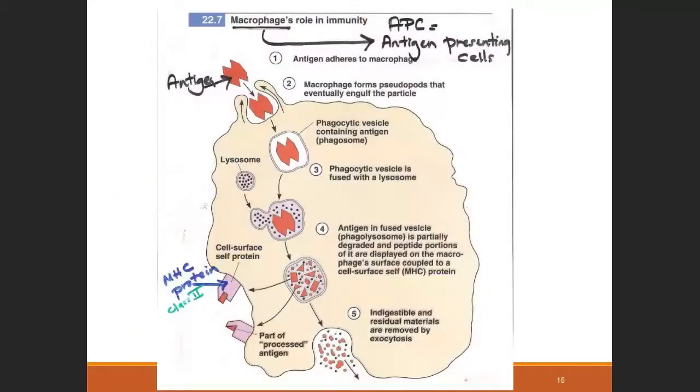Similar, different diagram. We engulf an antigen, we break it down using a lysosome, we present it to the surface using a major histocompatibility complex, and then we get recognition. Any cell that undergoes this sort of process is going to be considered an antigen presenting cell.